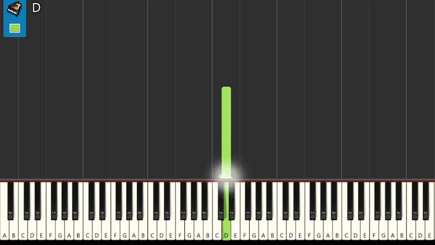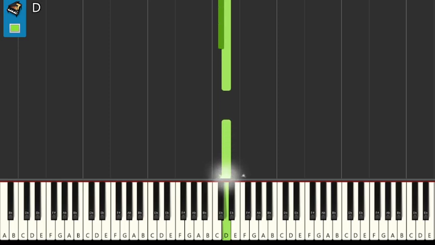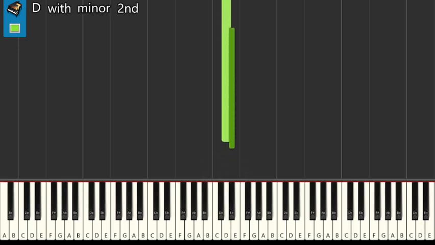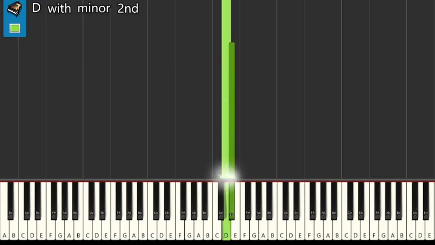When you have the D, any note to the left of it is a flat, any note to the right of it is a sharp. That's why if you have a D, this note is D flat, and this note is D sharp.